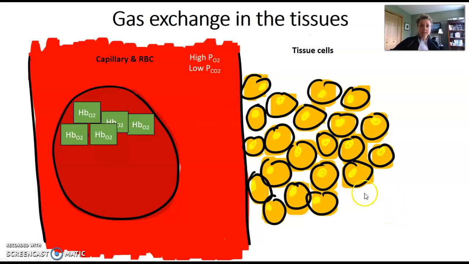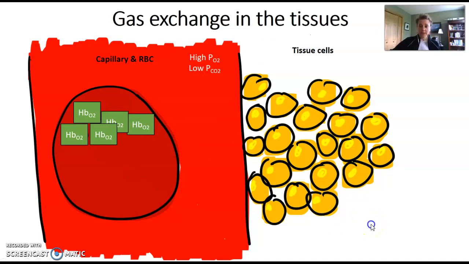Because my red blood cells in my capillary are packed with oxyhemoglobin, the blood in this area has a high PO2, and that's what I was talking about at the very beginning. We have a high partial pressure of oxygen, and we have a low partial pressure of carbon dioxide because we've got more oxygen than carbon dioxide in this cell.